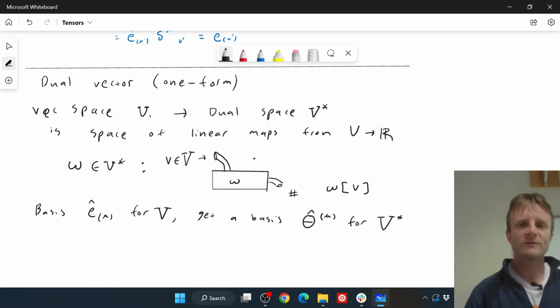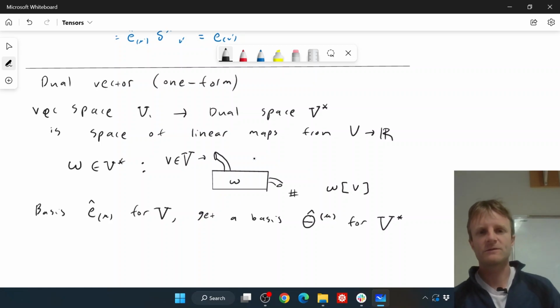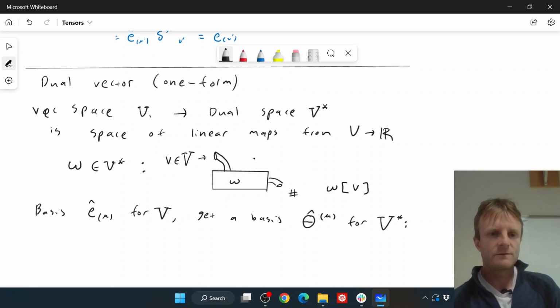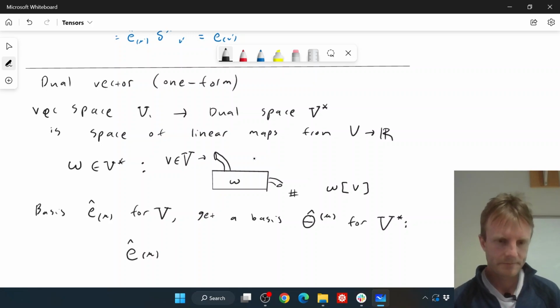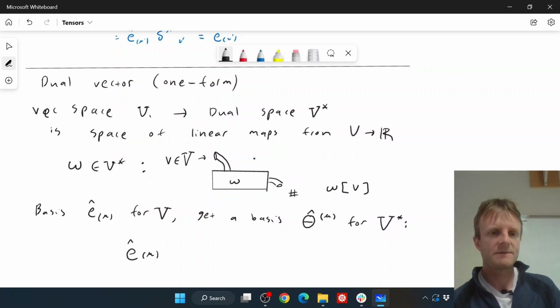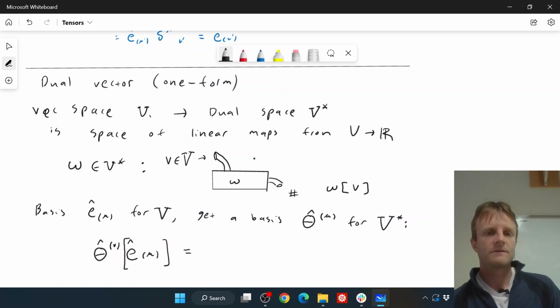You can check, it's a linear algebra thing, that this V star does define a vector space, just because linear maps, basically. And the way you do that is you demand that this abstract vector, E hat mu, it's a vector, so it can get acted on by, actually let's call it, that's okay. That vector E hat mu acted on by our one form, and I have to use another index here, nu. So this thing is going to be delta nu mu.